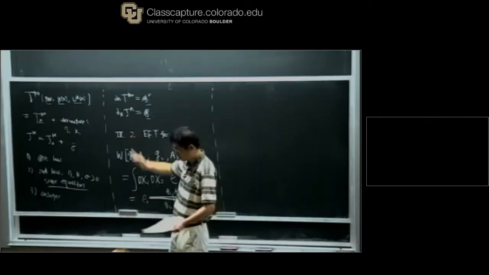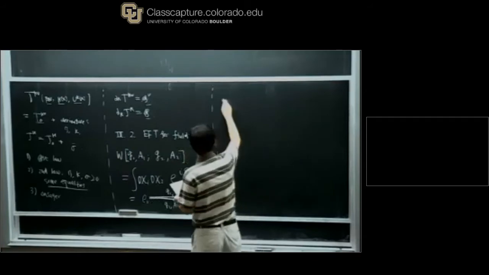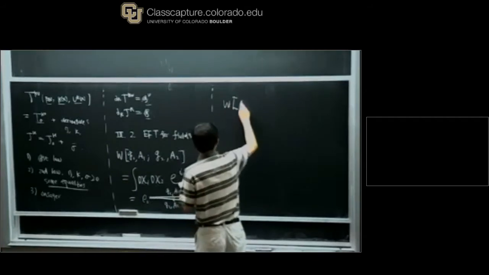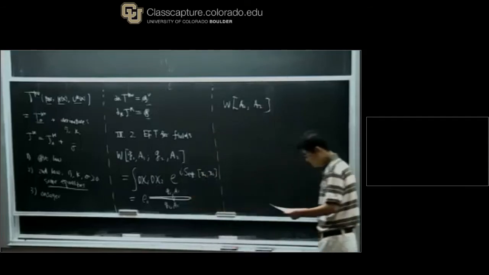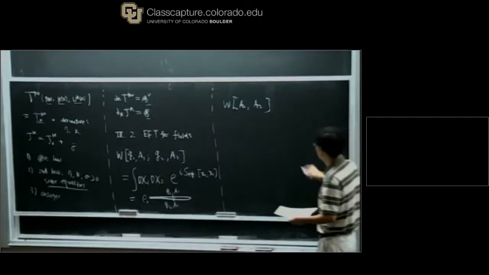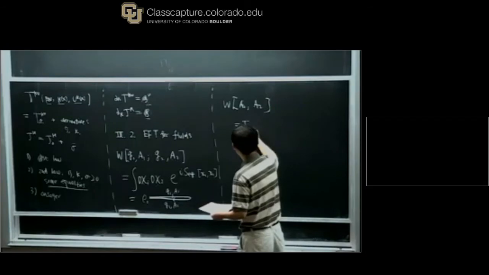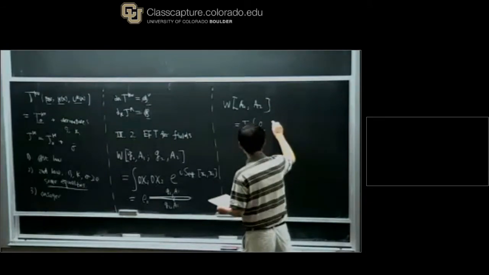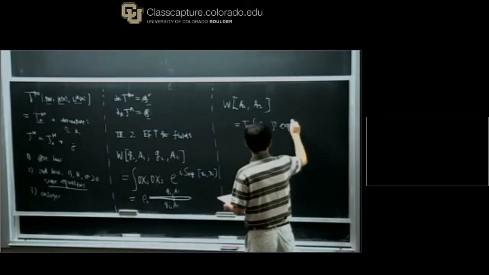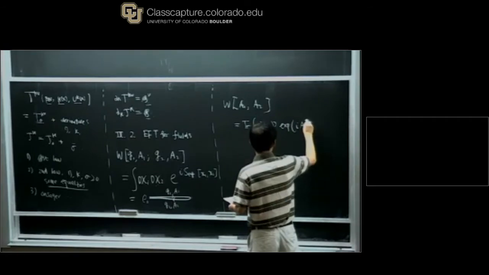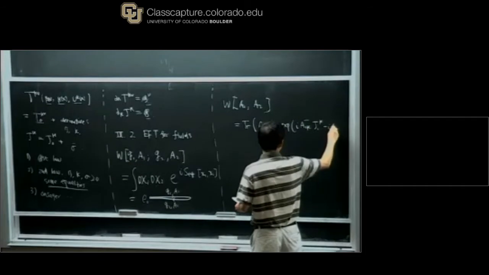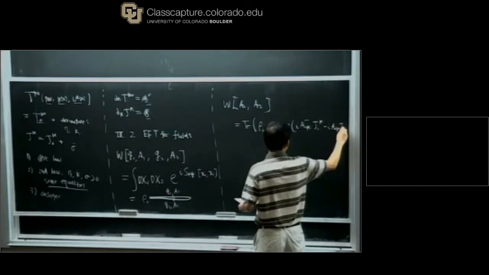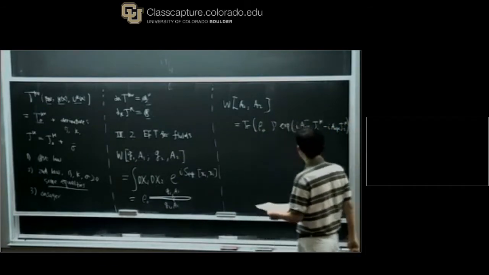Just imagine we have a conserved current, and in this case we just have a generating functional W[A1, A2]. Formally I can write it as the trace of rho 0 times the path-ordered exponential of i A1 mu J1 mu minus i A2 mu J2 mu.